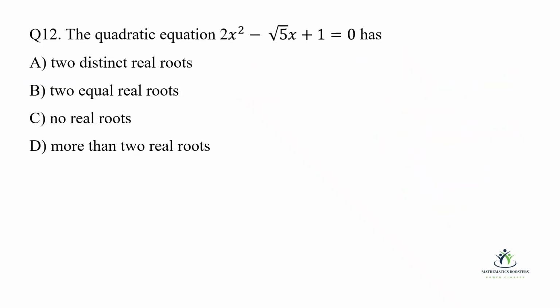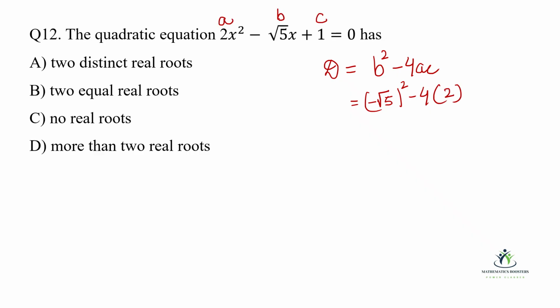Next question. Quadratic equation has... ऑप्शंस क्या दे रखे? डिस्टिंक्ट, इक्वल, रियल और मोर देन 2 रियल. इसमें हमें वैल्यू फाइंड आउट नहीं करनी है. तो इस केस में हम क्या चेक करेंगे? व्हाट इज द वैल्यू ऑफ डी? b² minus 4ac. b is -√5, a 2 है. This is our a, this is b, this is c. c is 1.